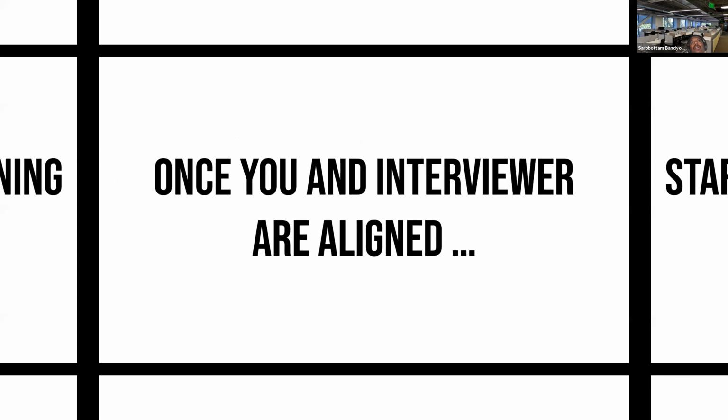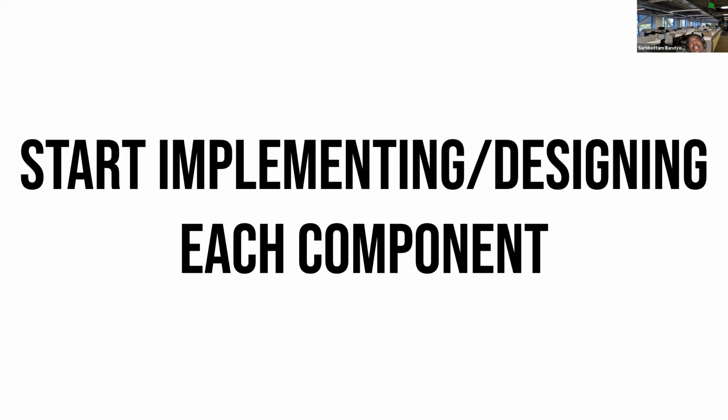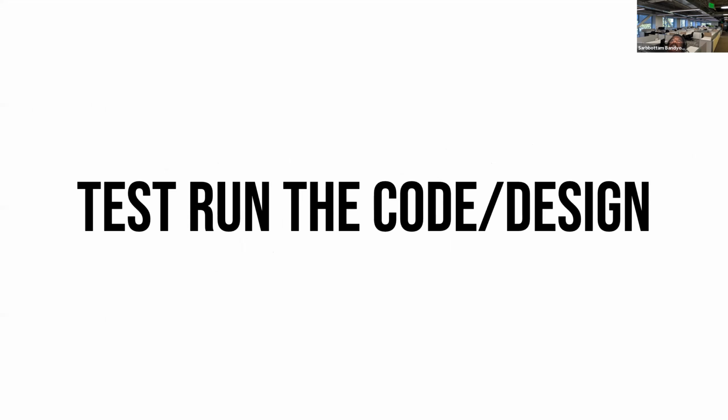So once you got here, you probably know what you're doing. Go ahead and start designing or implementing your component. This should be fairly easy, depending on the time. But if you are able to complete it, before telling your interviewer that this is done, take some test cases and run it by yourself.